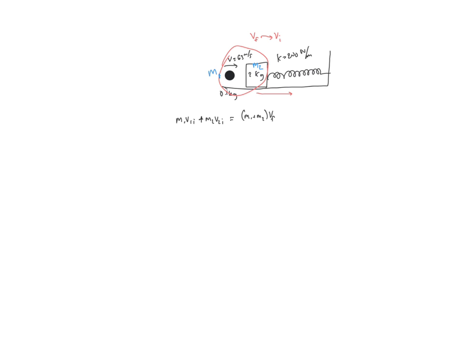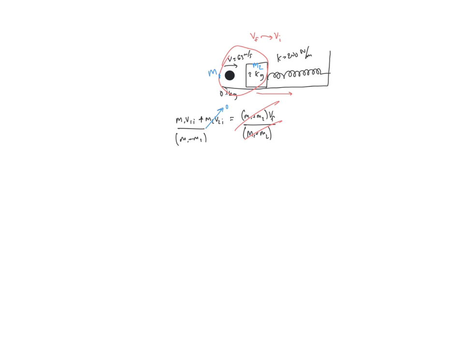And since the block is initially not moving, we can say that the initial momentum of the block is 0. Now we can solve for vf and then plug in the numbers. So I'm going to divide both sides of this equation by m1 plus m2. That will give me vf by itself.